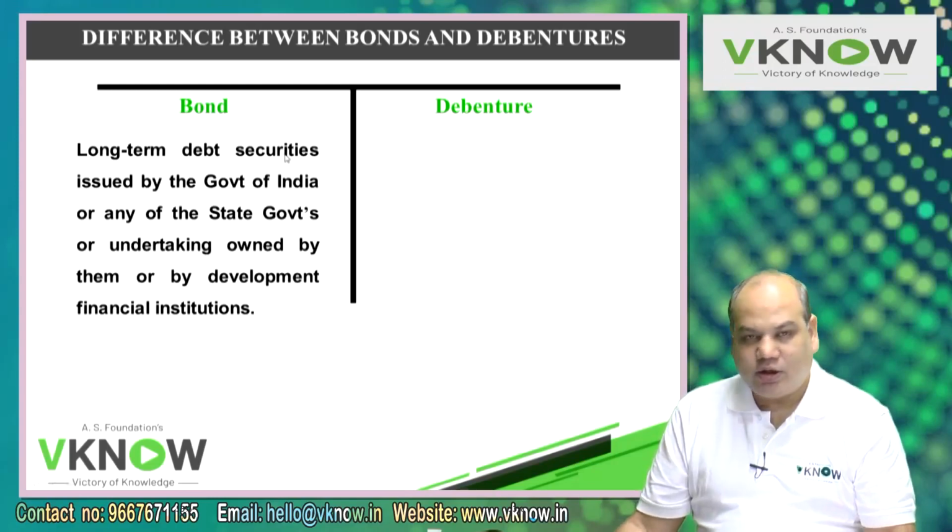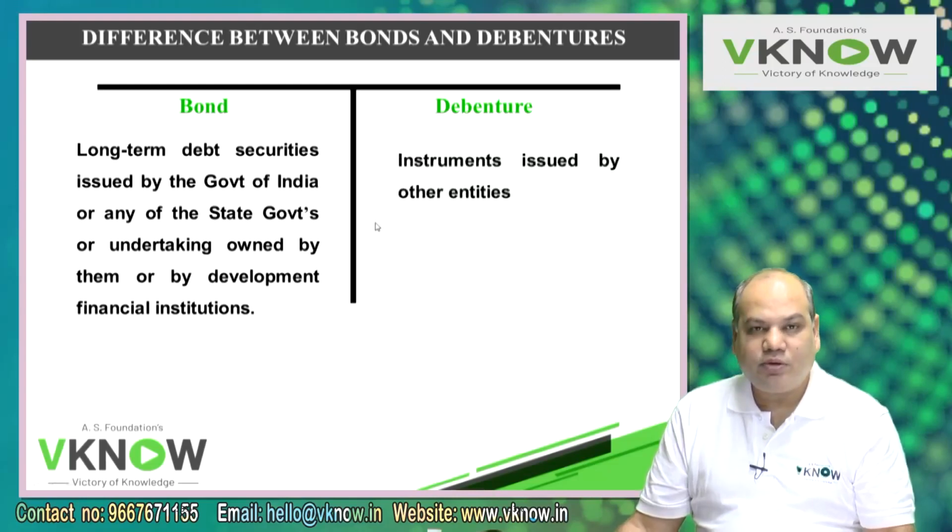So basically it is related to governments and government agencies, whereas debentures are issued by private sector companies. Reliance issues debentures, Tata Motors Limited issues debentures, Muthoot Finance will issue debentures, Shriram Transport Corporation will issue debentures. So these are private entities and we call it debenture.